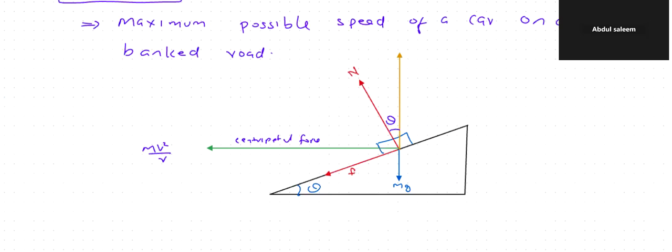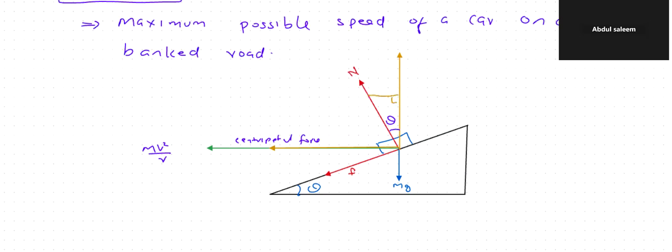The two components of the normal are, one is along the same direction as the centripetal force, and the other is this one. This is also a component of the normal reaction force. Now we can consider a right angle triangle here, and this is 90 degrees, right?